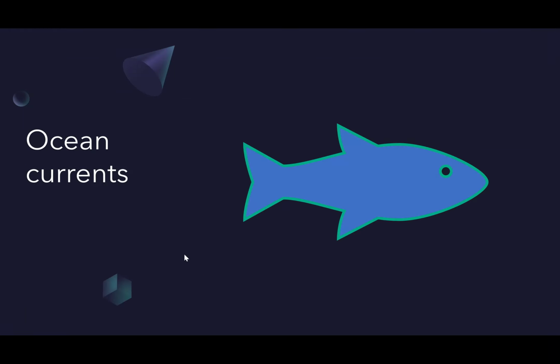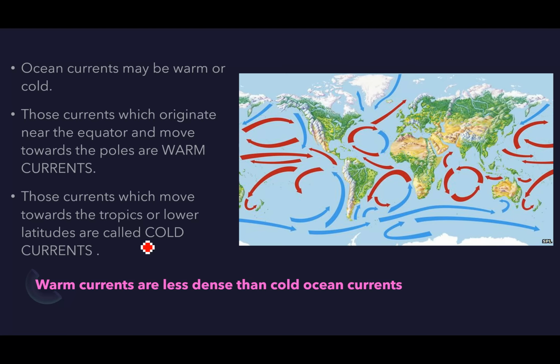All right, so let's move on to these ocean currents. The red ones show the ocean currents which are warm, and the blue ocean currents are the ones which are cold. So ocean currents may be warm or cold, and the currents which originate near the equator and move toward the poles are warm, and the currents which move towards the tropics or the lower latitudes are the cold currents.